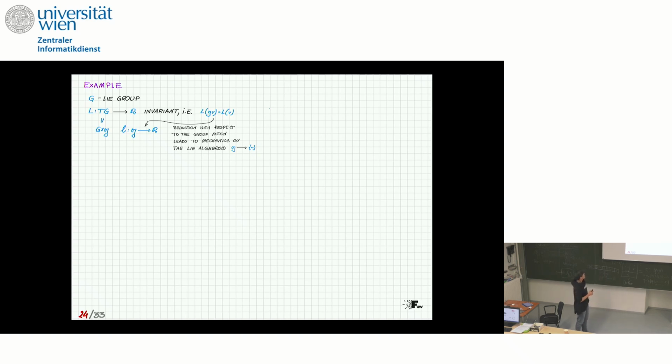The system is a mechanical system on a Lie group with an invariant Lagrangian, in a sense totally invariant. So it does not depend on the point on the group. It depends only on the velocity. So we can write this Lagrangian on the Lie group.